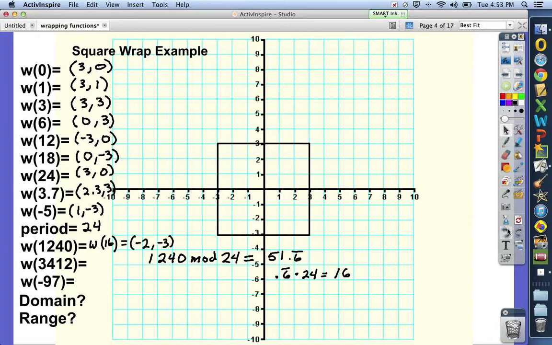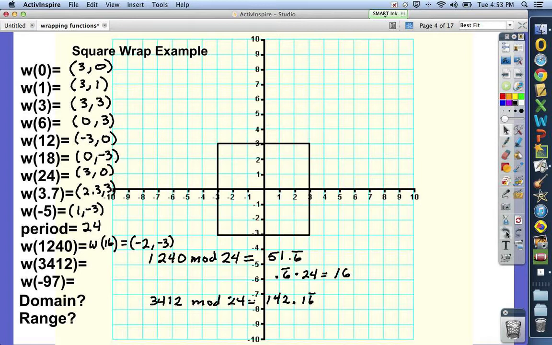We can do the same approach for 3,412. A wrap of 3,412 would be done by 3412 mod 24, which when we do the division on a calculator, we get 142.16, the 6 repeats. Again, the 142 represents the number of times you would go completely around the square, and the 0.16 represents the fractional part remaining to go around.